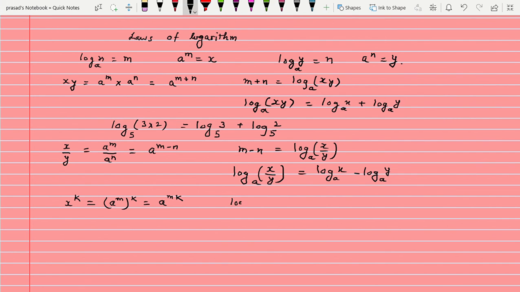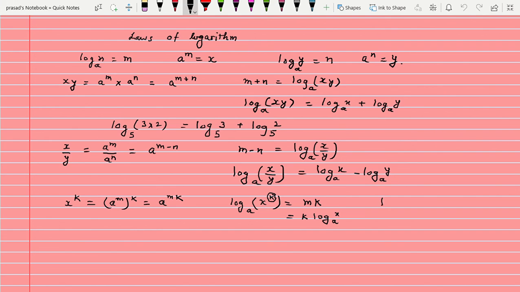So that gives log x to power k to base a is equal to m into k. And if I substitute back for m, I will get k into log of x to base a. That means I can get this power of x down and get it multiplied to the logarithm.